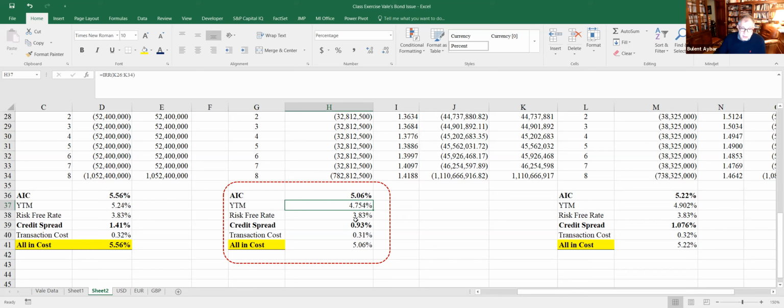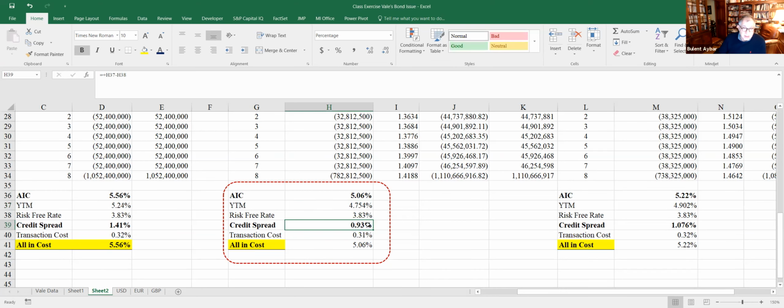Apparently in this segment, Vale's credit risk is underestimated, unless it is overestimated in the other two segments. But it is likely that European investors see a lower risk in Vale.